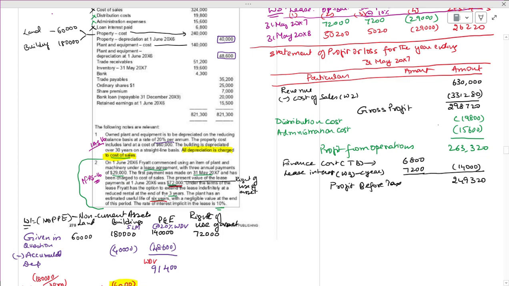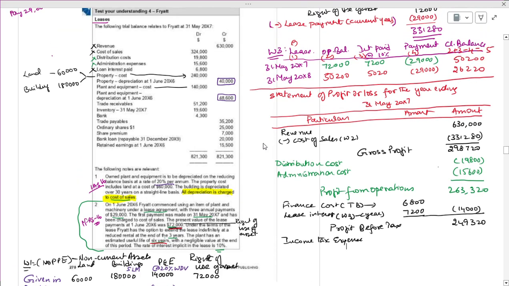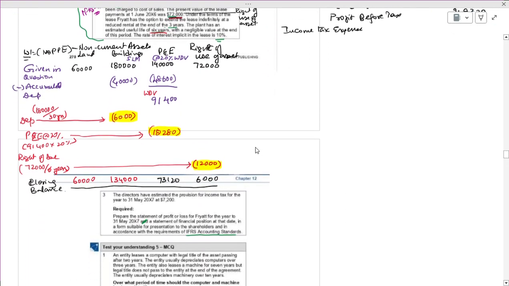Tax. Income tax. See the trial balance: trade receivables, bank, ordinary shares, retained earnings. Note number 3. How much is the income tax? 7,200.